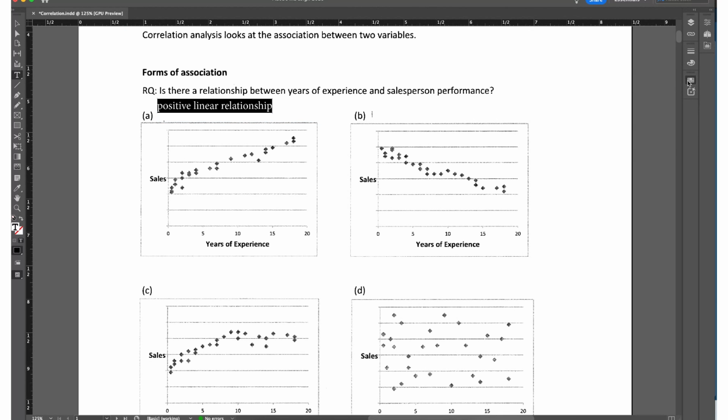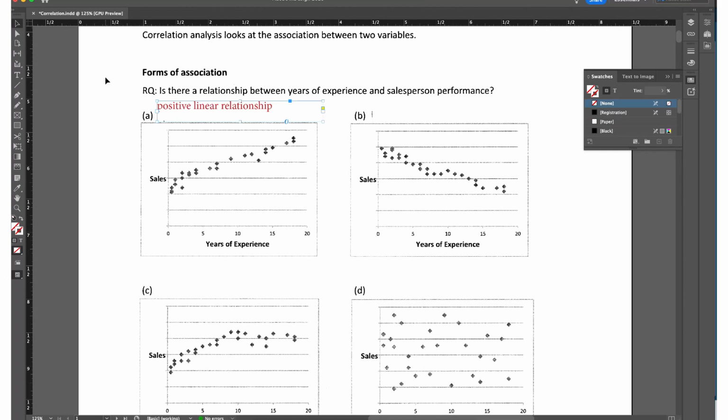And actually, let's do something fancy. Let's make it red so it could stand out a little more. Okay, there we go. So in looking at this, that might make sense, right? The more years of experience a sales rep has, so each dot represents a sales rep. Say this one right here would be about 13 years, and then whatever level of sales right there.